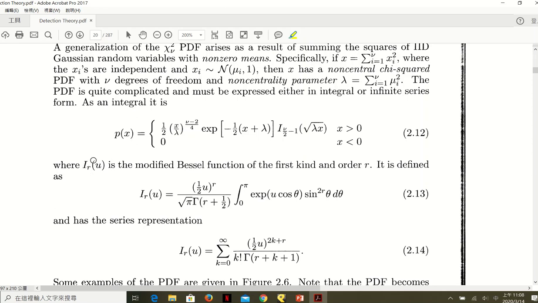I sub r of u is the modified Bessel function. And this modified Bessel function, we will call it a special function. In fact, if you just search the keyword special functions, you find a lot of special functions.